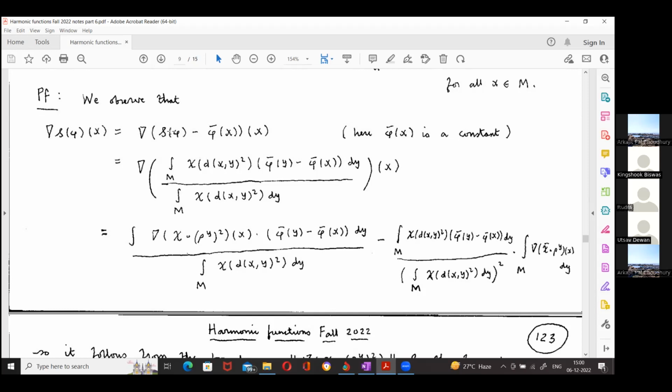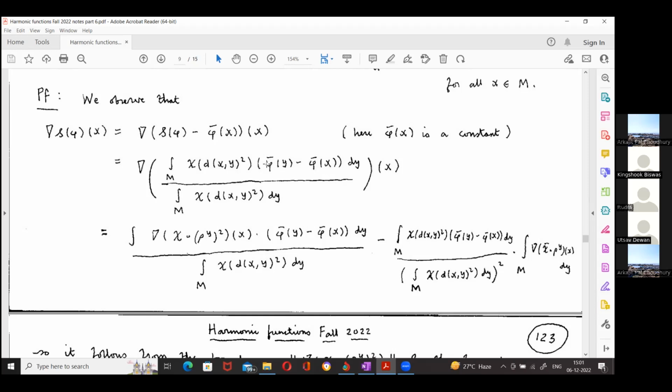But since S phi is given by an integral with respect to a function of total mass 1, I can bring this constant phi bar x into the integral.